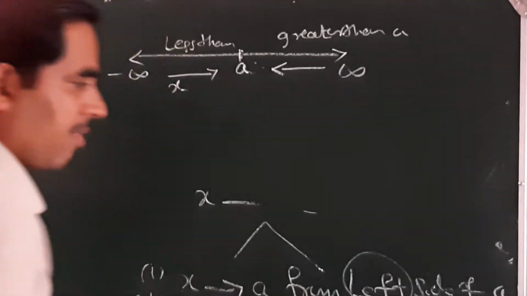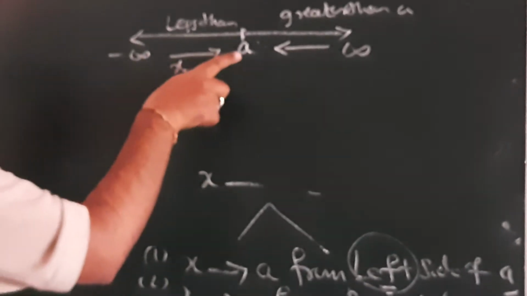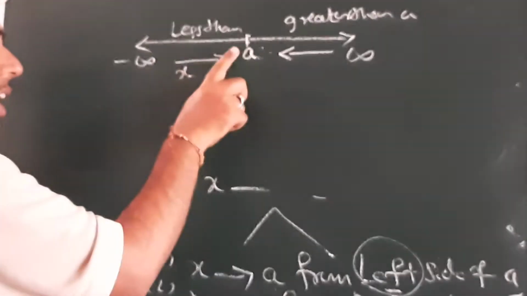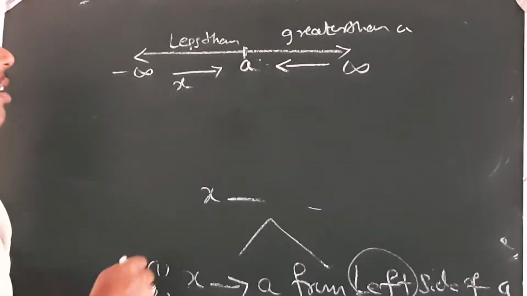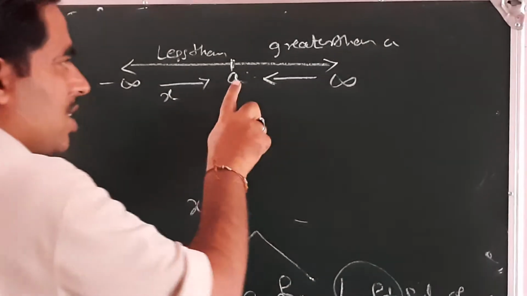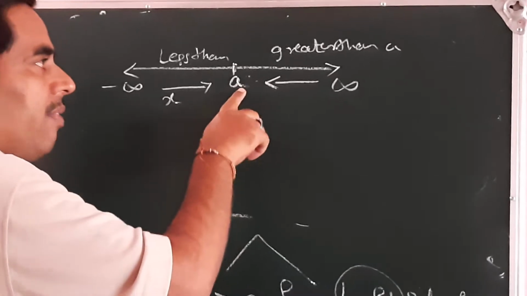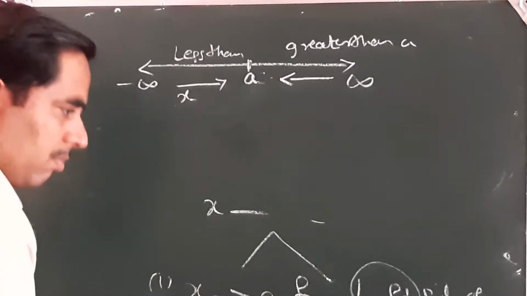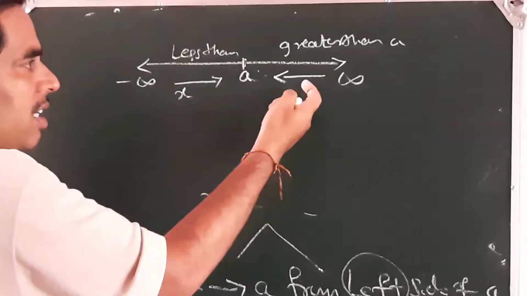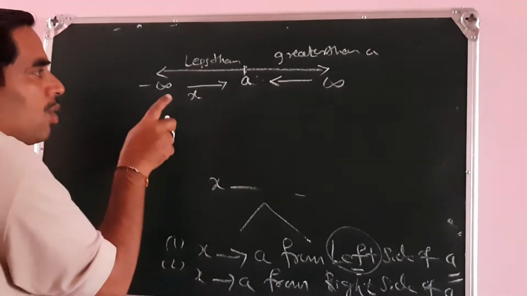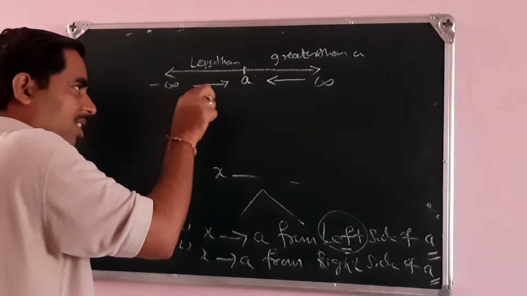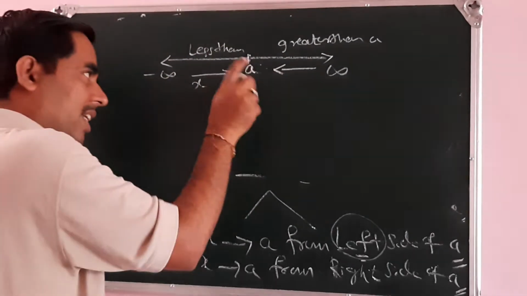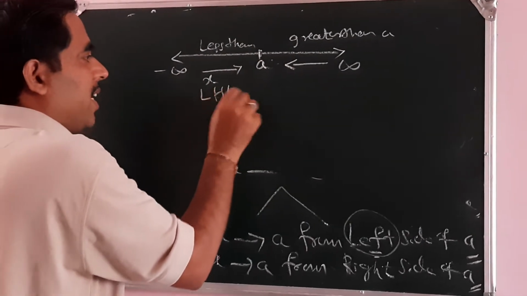So that's what we said here. Left side of a and right side of a means x tends to a by taking the values less than a, or it approaches towards a by taking the values which are greater than a. So there are two cases, from the left side and from the right side. If x tends to a from the left side, taking values less than a, we call it the left hand limit.